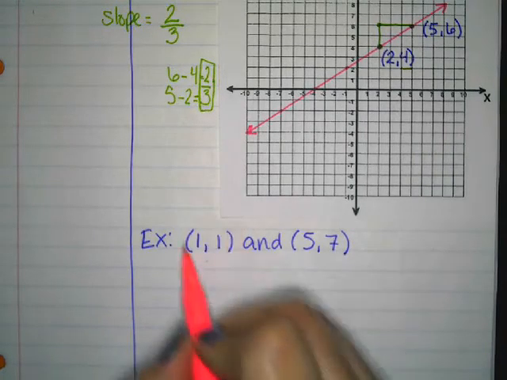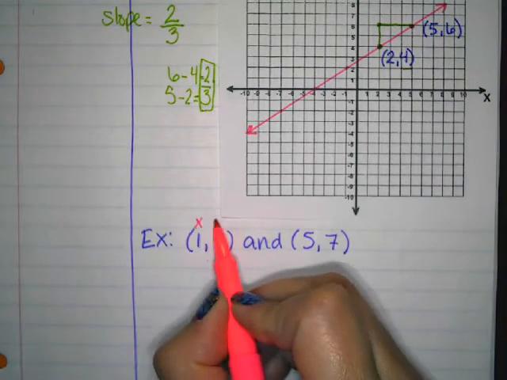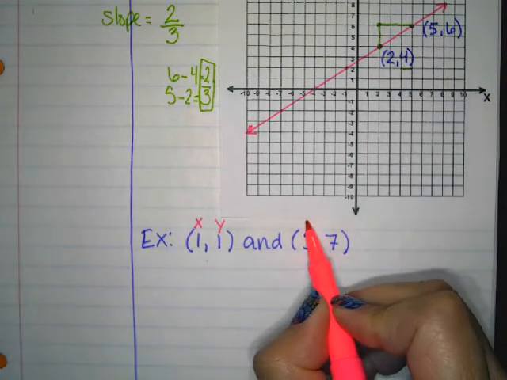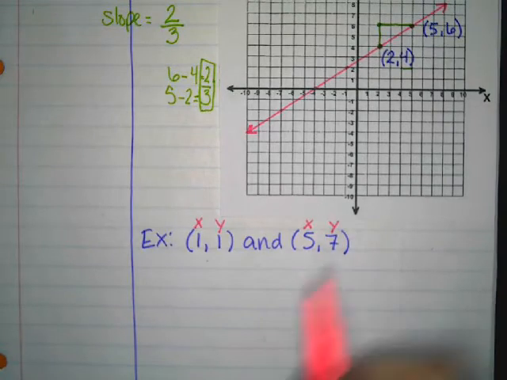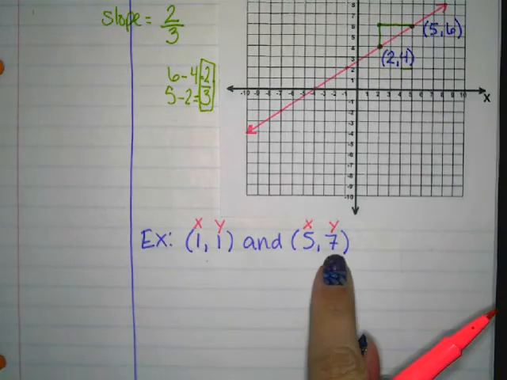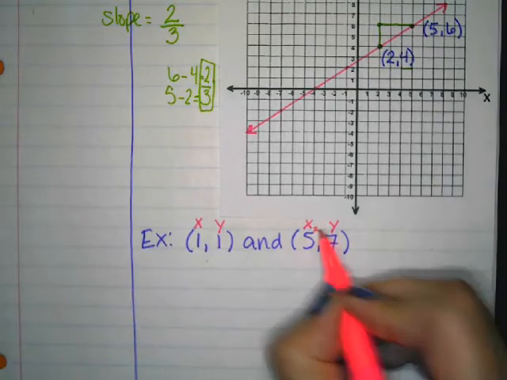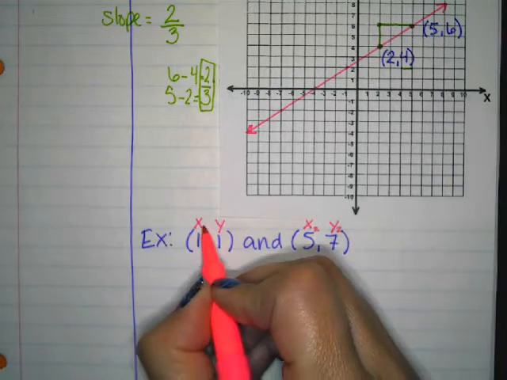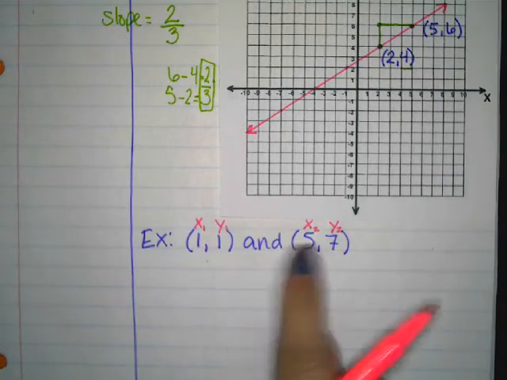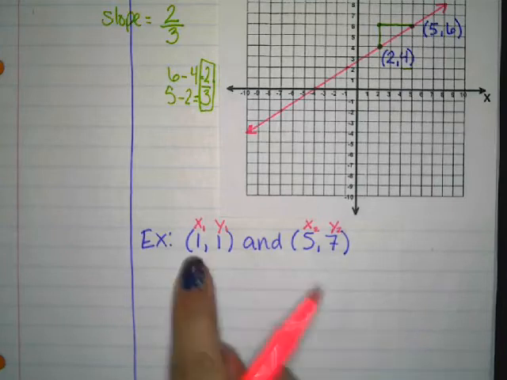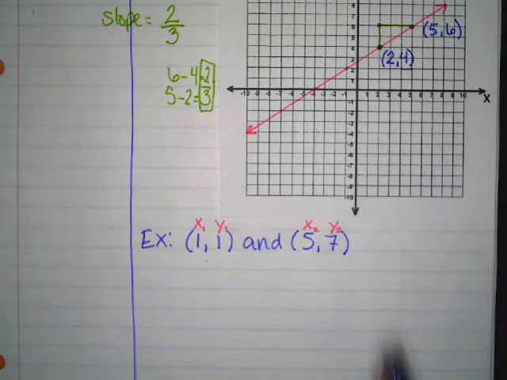So the first point, here's my x, here's my y. Second point, here's my x, here's my y. Now the second point is always going to be my 2. So I'm going to put a subscript of 2 and a subscript of 1 for the first one. They just go in order. This is always 1, this is always 2.